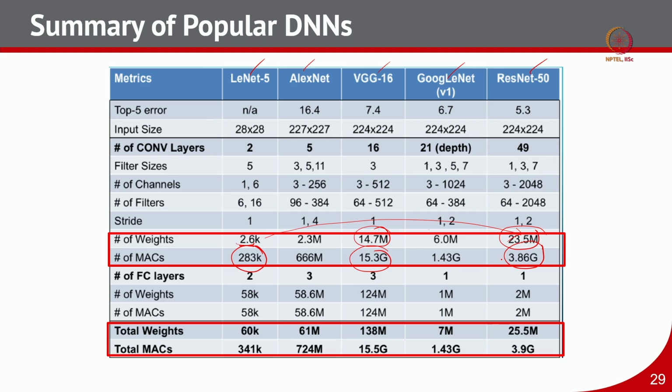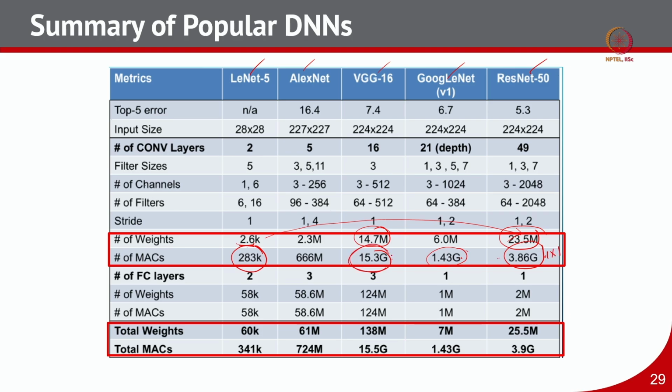One reason why ResNet 50 has fewer multiply and accumulate operations than VGG16 is the introduction of those one by one convolutions. If you remember, ResNet 50 has one by one convolution, GoogleNet has one by one convolution, and these are actually helping to reduce the number of multiply and accumulate operations.